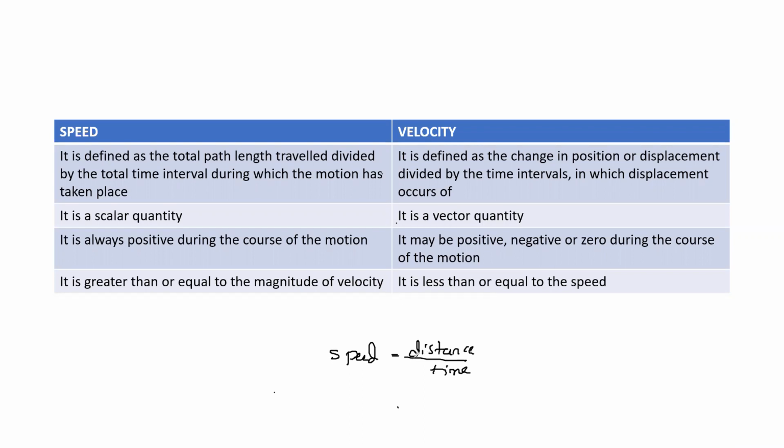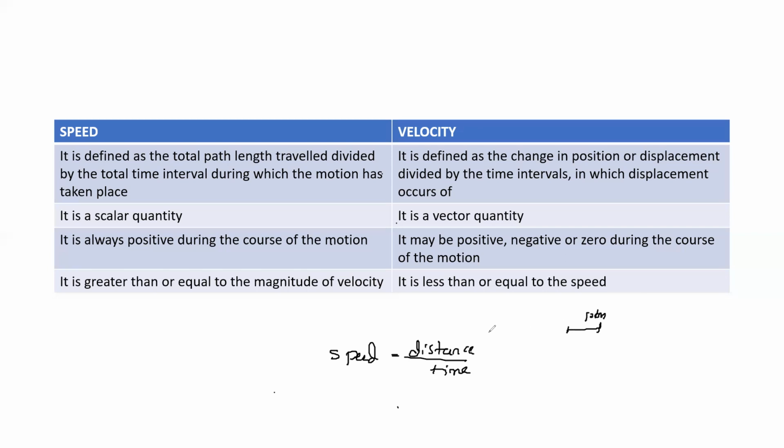The distance traveled by the body to the total time taken is called speed. For example, if I say I am moving 10 kilometers today, in how much time are you moving? The ratio of distance traveled divided by time taken is called speed, right?